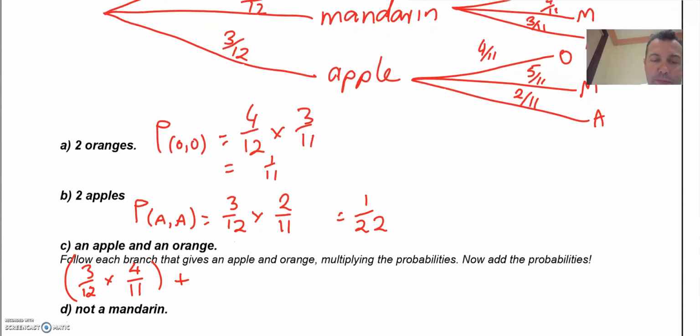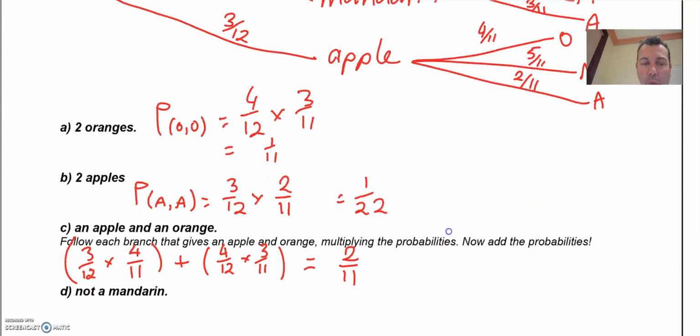It should be times. I'm pretty sure that works out as 1 over 11 plus 1 over 11 equals 2 over 11. The probability of choosing an apple and an orange in whatever order is 2 over 11. Multiply the probabilities when it's and, add them when it's or.